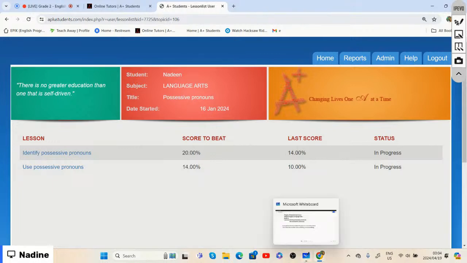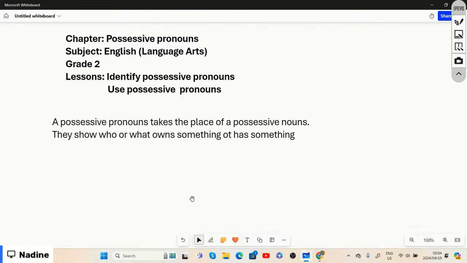All right. So our chapter is possessive pronouns. Our subject is English language arts, Grade 2.